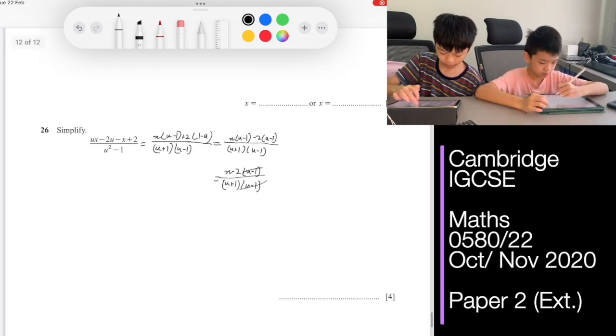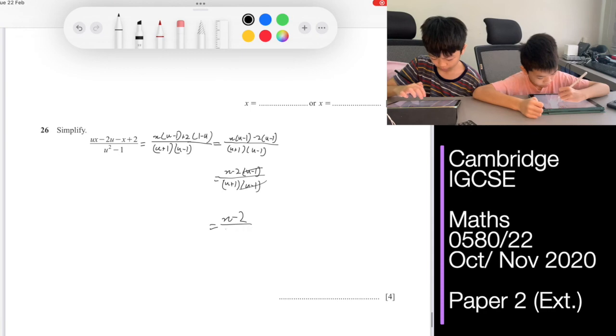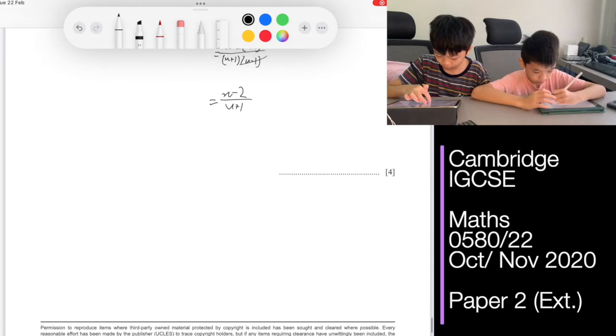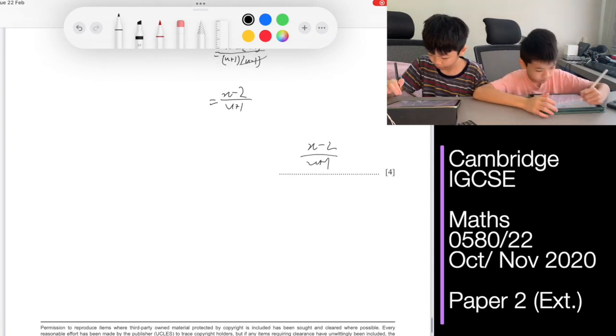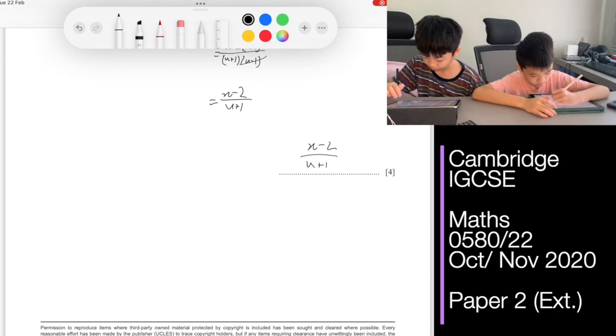Then we cancel these out, which is equal to x minus 2 over u plus 1.